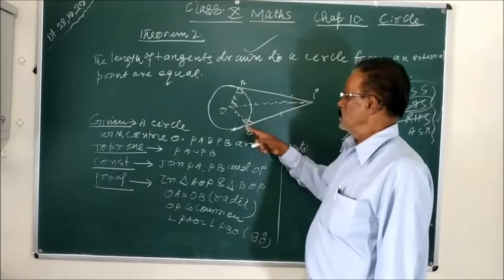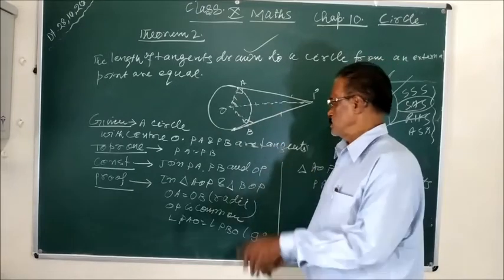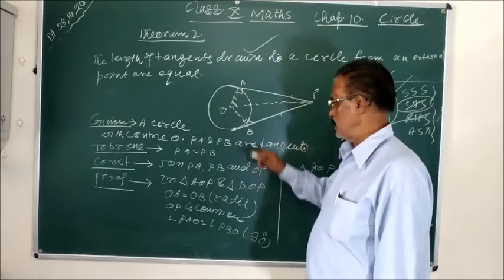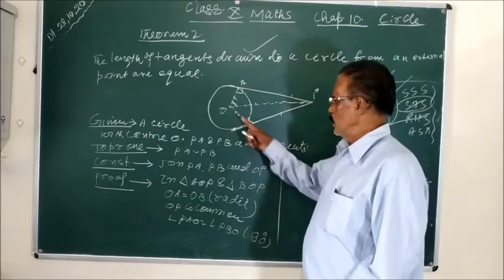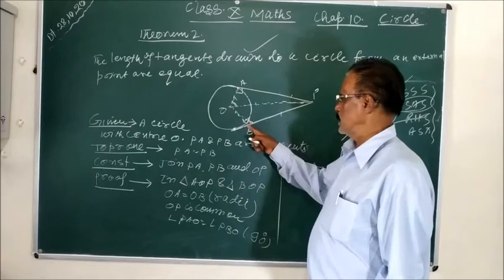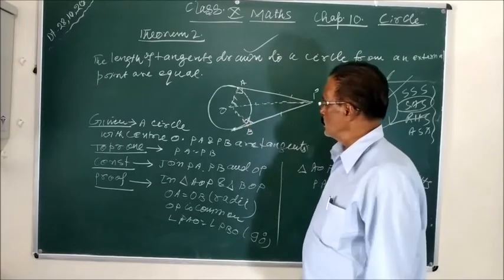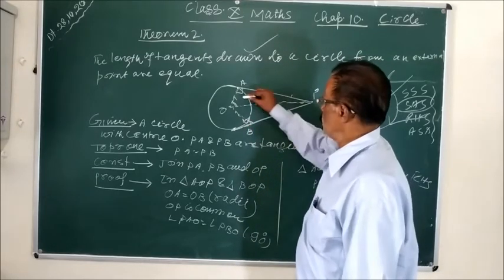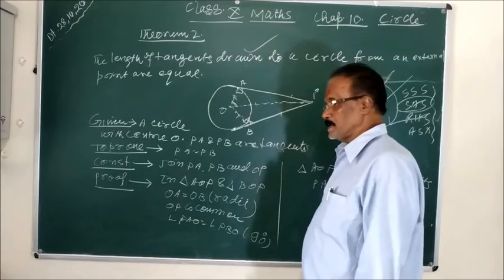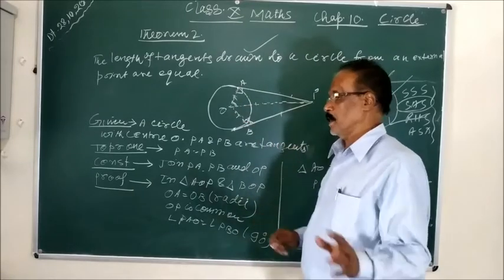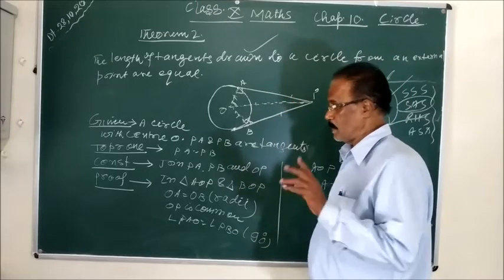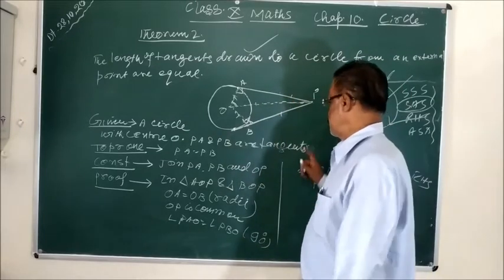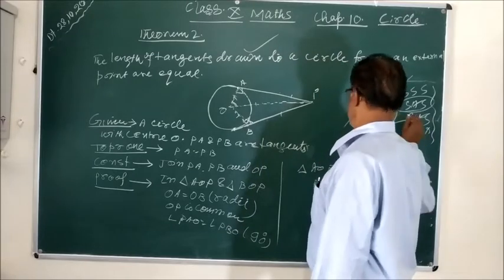By joining, we are getting 2 triangles, and these 2 triangles are right-angled because this is 90 degrees, by theorem number 2, the radius is perpendicular to the tangent at the point of contact. So OA is equal to OB, radius, OP is equal to OP, common, and angle A is equal to angle B, right angle by the theorem, and therefore they are congruent by RHS.